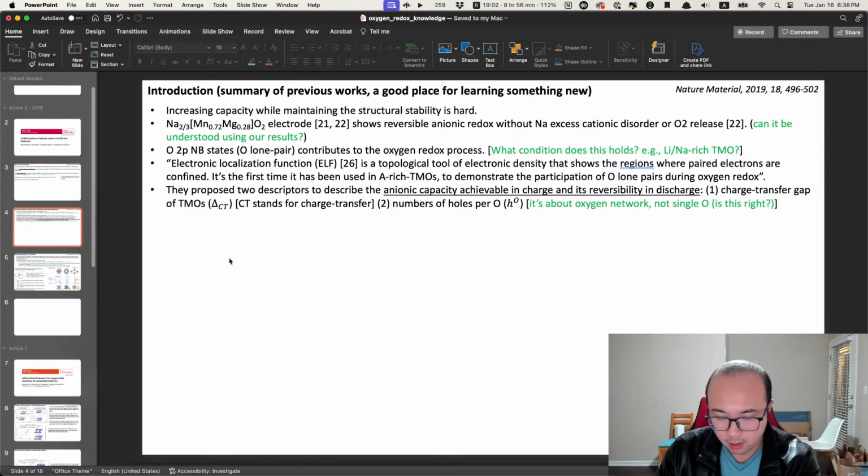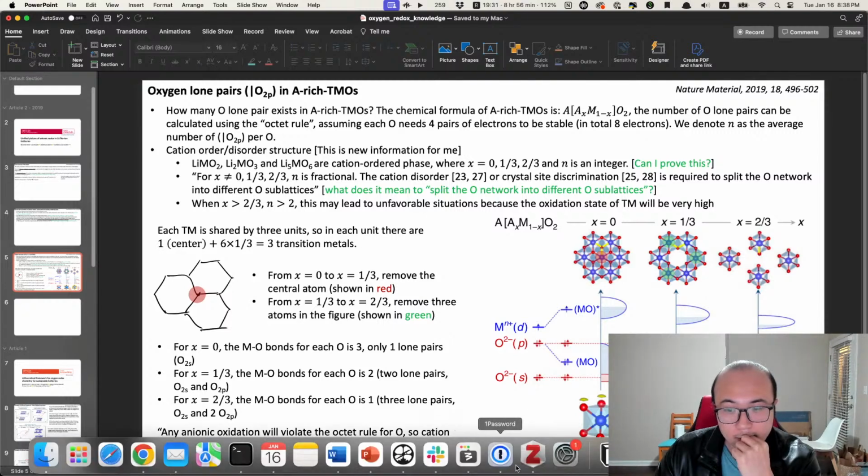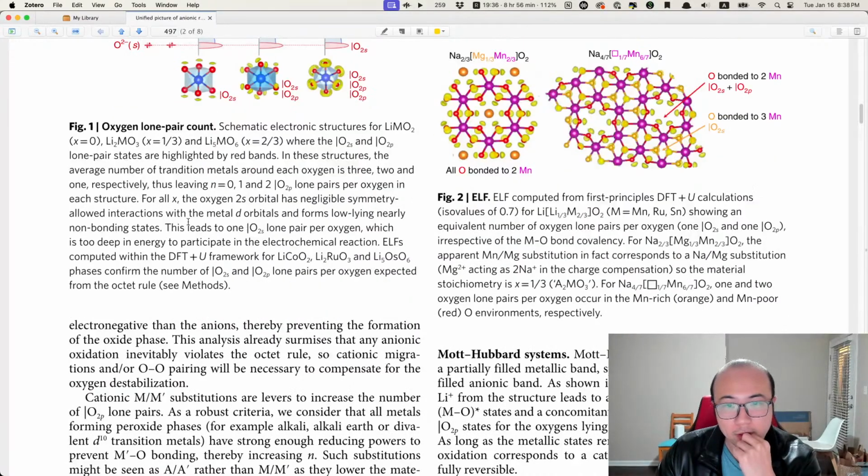And if two oxygens combine together to form an oxygen dimer, it will break the oxide structure. So maintaining structural stability is really hard. This one is reversible, okay. Let's check on this. So here's the paper that we're going to read.